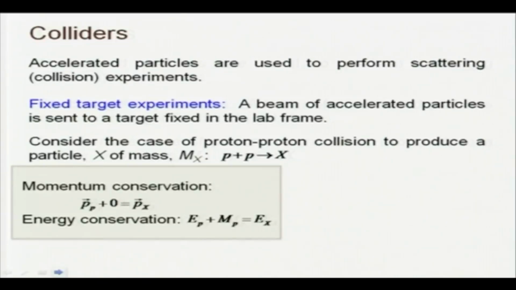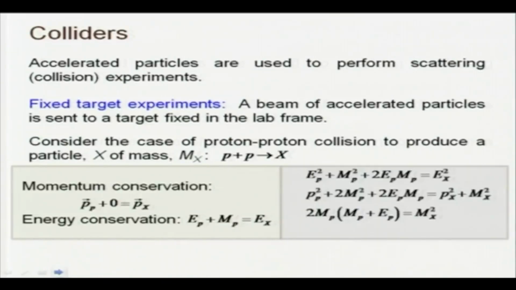And energy conservation will tell you that initially there was the energy of the projectile proton, Ep say, and the target proton's energy is only its mass, it was not moving, it has no kinetic energy. So, only Mp. So, Ep plus Mp is equal to the energy of the final particle, Ex.